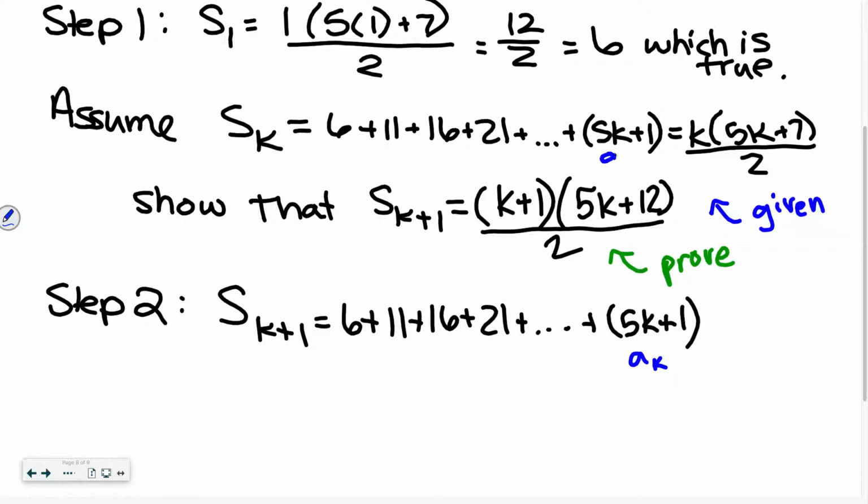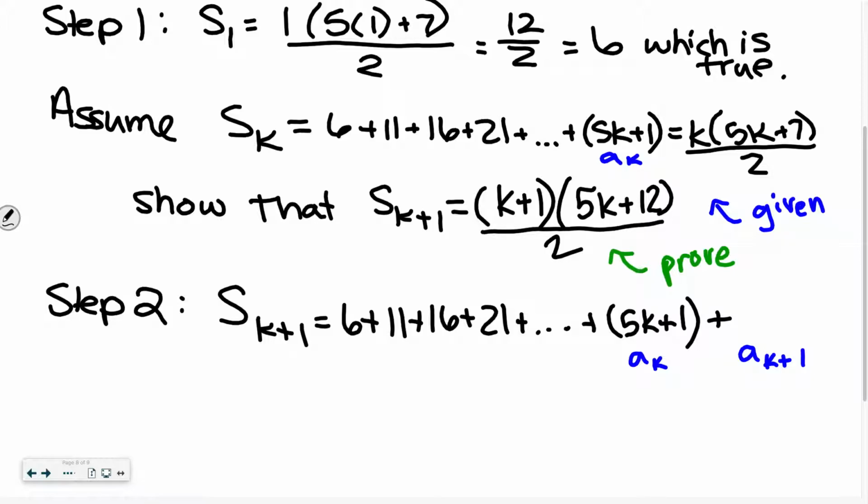Okay, because that's up here. It's the k term. And if I want to do the sum of k plus 1 terms, then I also need a sub k plus 1. So I need to add an extra term to that.